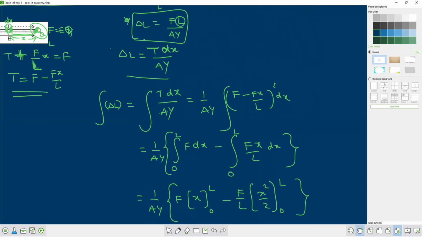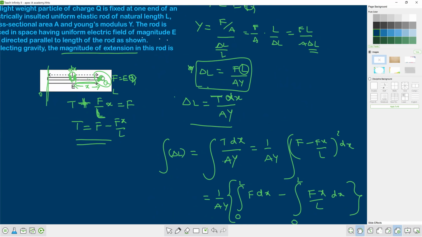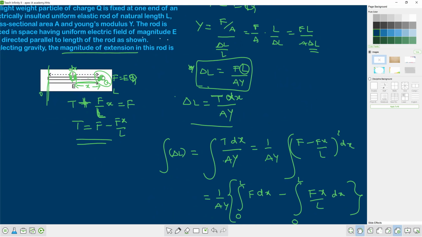Okay, so you can see it again. What was given? This particular rod was placed in a uniform electric field, but the whole rod is not charged. The charge was placed only at one end of the rod. Then the force acting on the rod is equal to EQ.